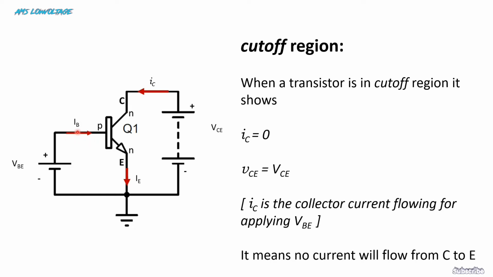It is because of the applied voltage VBE, whatever current is flowing from C to E. So if you apply some voltage VBE in the base to emitter junction, whatever current is flowing from collector to emitter is IC. It means no current will flow from collector to emitter in cutoff region.